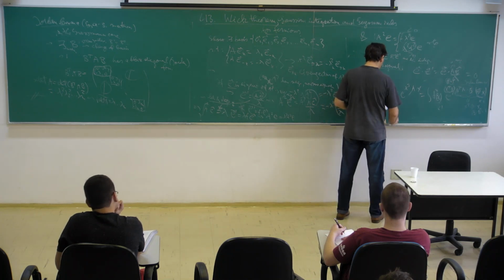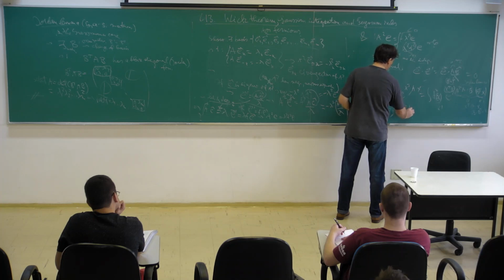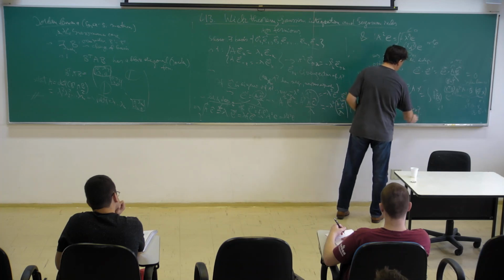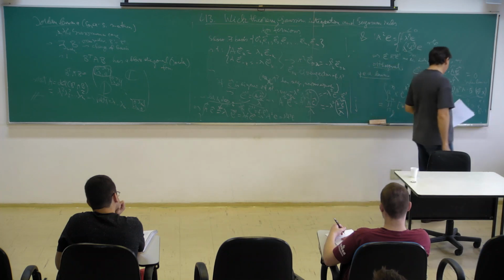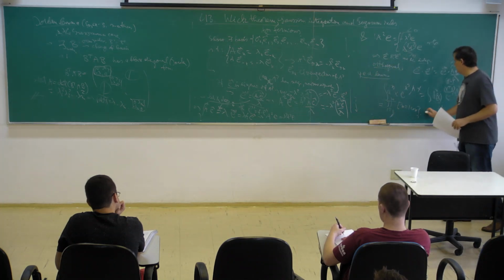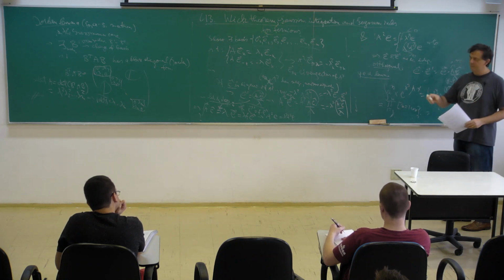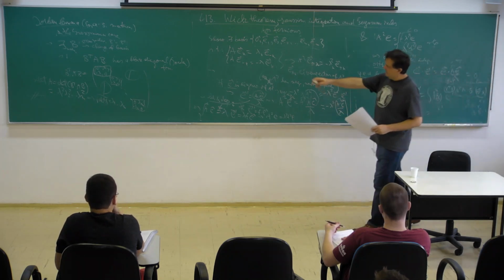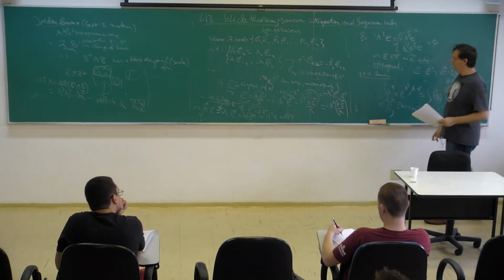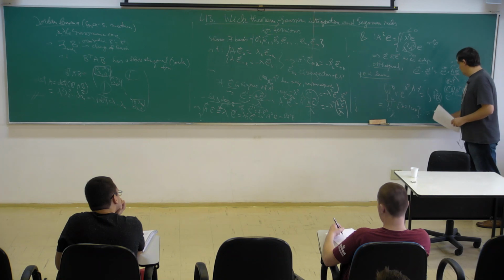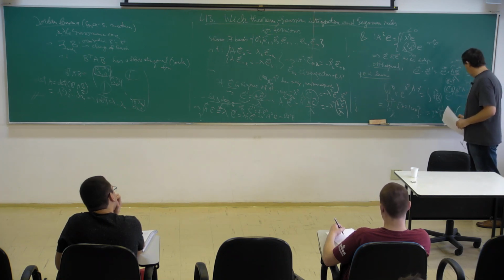So let's say product from i is 1 to m of the n equal 1 case at each i, right? And since in the n equal 1 case we obtain 2 square root determinant, and the determinant of the full matrix is now the product of the determinants of the blocks, this is 2 to the m square root determinant A. So QED theorem.